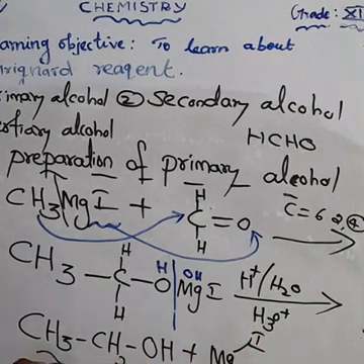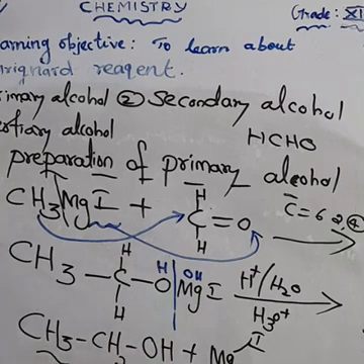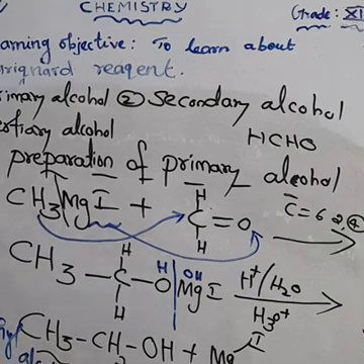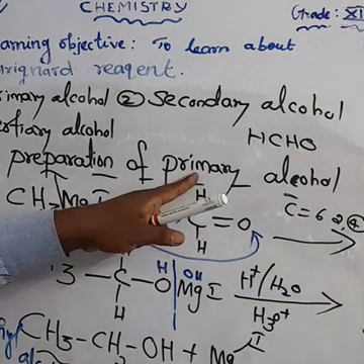Our expected product, what is that one? CH3CH2OH. We are saying ethyl alcohol, otherwise IUPAC name is ethanol. This IUPAC concept we can discuss later. Anyhow, ethyl alcohol. So first I told that the primary alcohol, am I right?